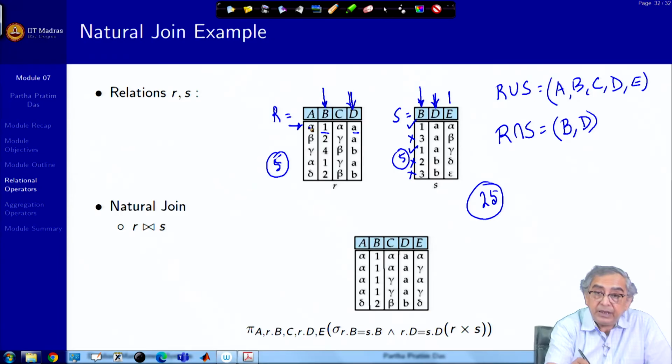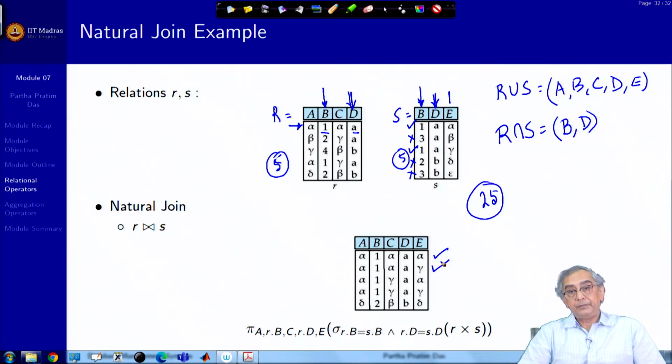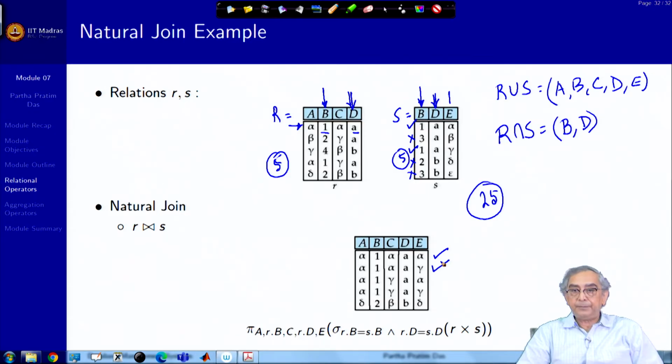That is, the first row on the left in R can be paired with the first row on S, because B have identical values, D have identical values. It can be paired with the third because they have identical values. It cannot be paired with anyone else. So, you have this resulting from that pairing, the next one resulting from that pairing. If you follow this all through, that is what you get as the natural join.